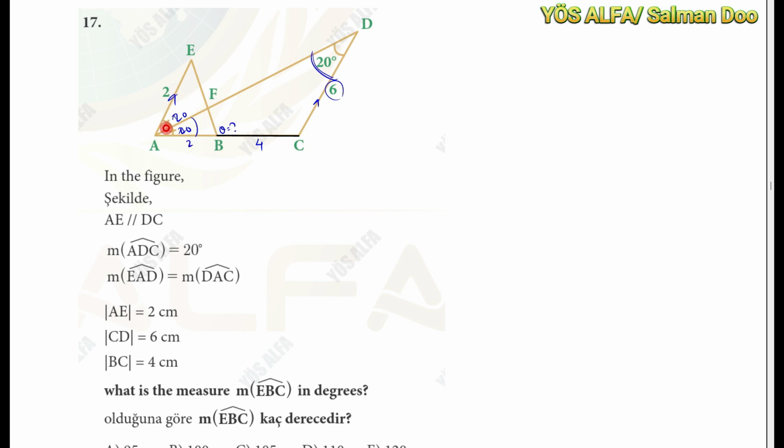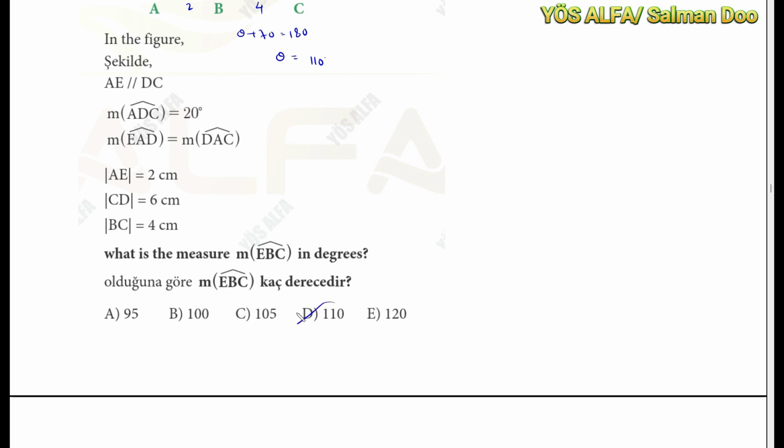So now we have another isosceles triangle. AB is 2, AE is 2. So these two angles must be the same. Since we have 40 over here, this is 70, and that is 70. From here, we have theta plus 70 is equal to 180, and theta is 110 degrees. So the answer is D.